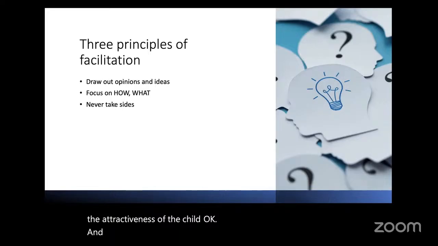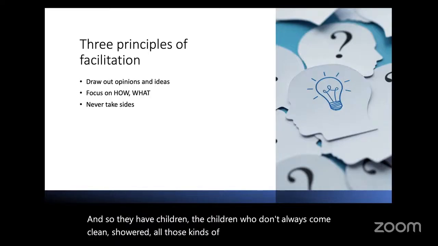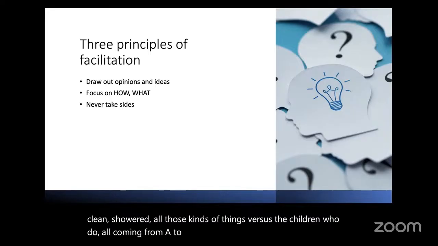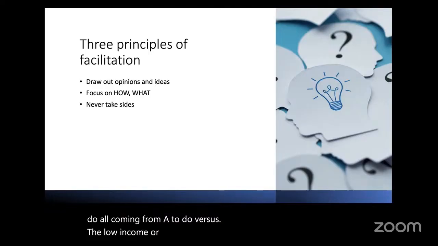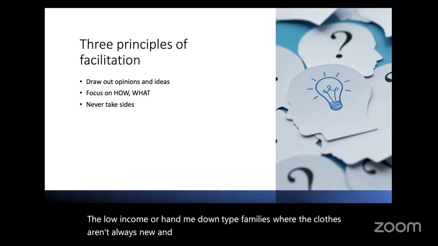So, they have children who don't always come clean, showered, all those kinds of things, versus the children who do, coming from a well-to-do family versus the low income or hand-me-down type families where the clothes aren't always new and fresh. Okay, that's kind of the measure that was used.